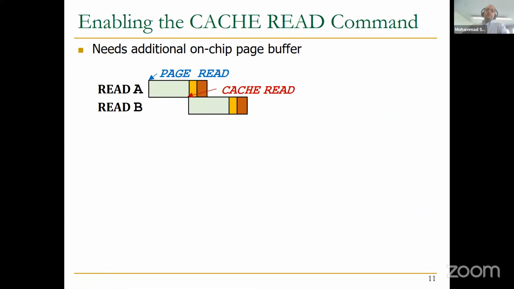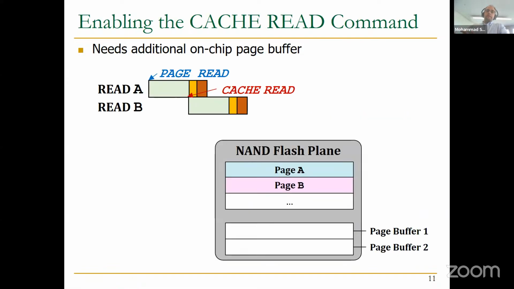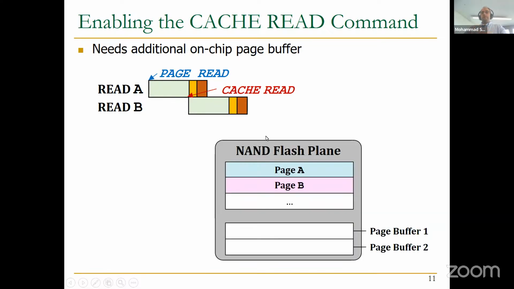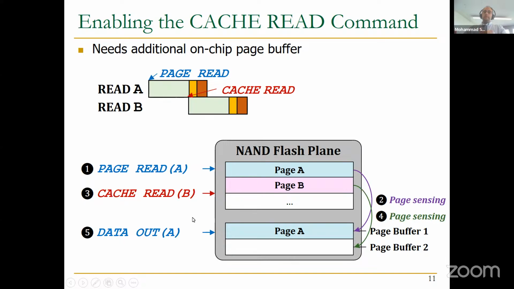But this needs an additional on-chip page buffer, because previously you had basically only one read in the page buffer, but now you need enough page buffers. When you do page read A, you have it in your page buffer 1 after sensing, and then you start sending out page A to the flash controller.